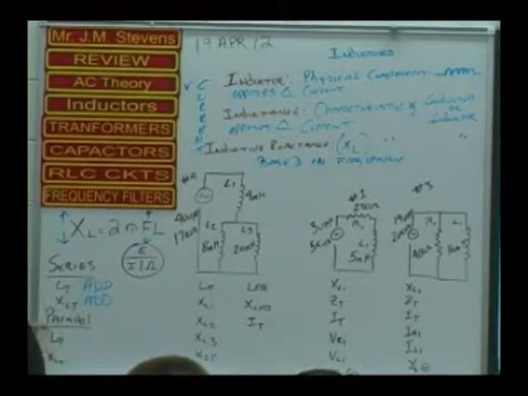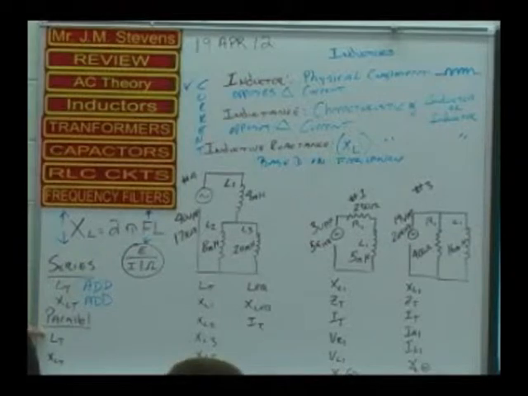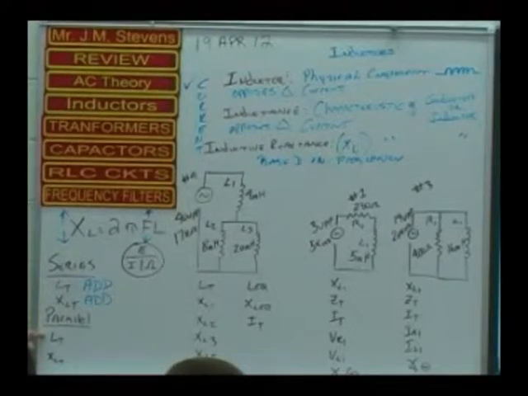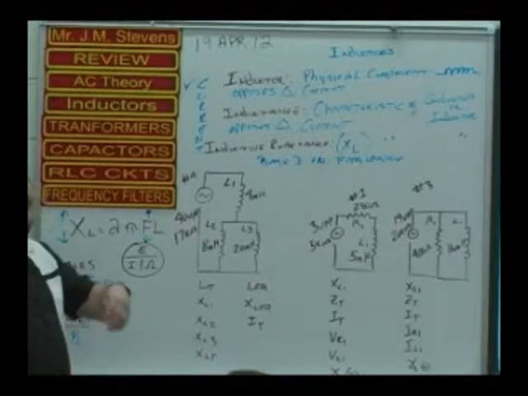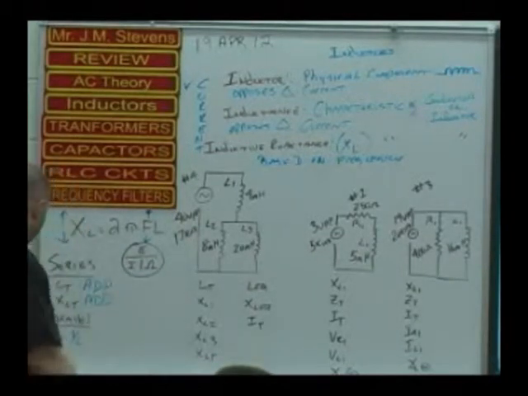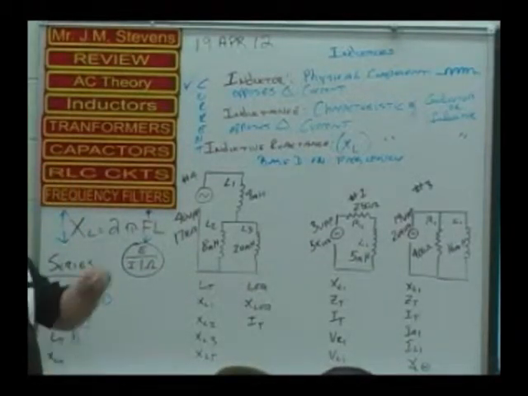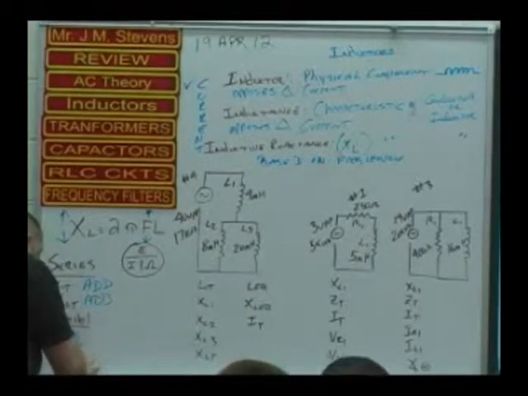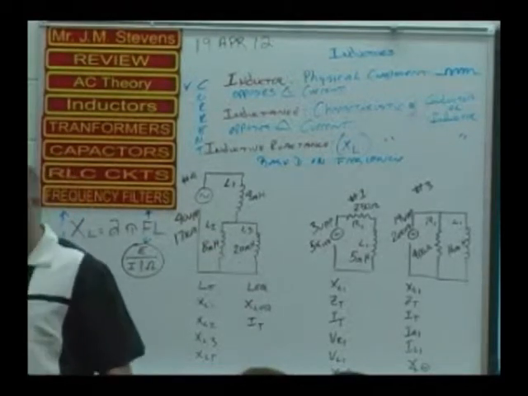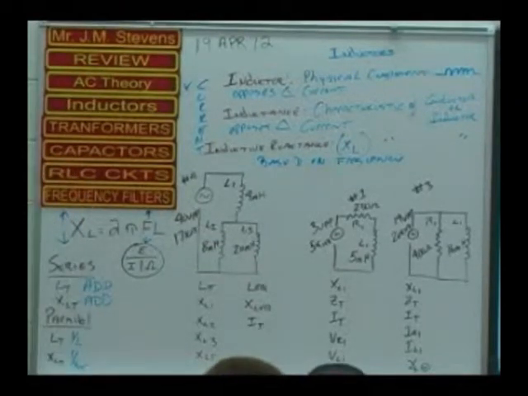Parallel. What's the rule for total inductance? We have to reciprocate, and I'll just write 1 over L total to indicate reciprocate. And for X sub L total, total inductive reactance in parallel, what do we have to do? I'll just write 1 over X sub L total, to indicate we reciprocate. Aren't those the same rules as resistors in series and parallel?